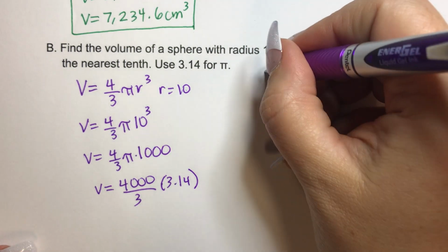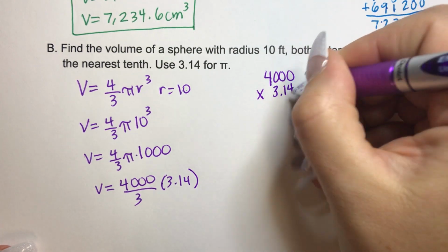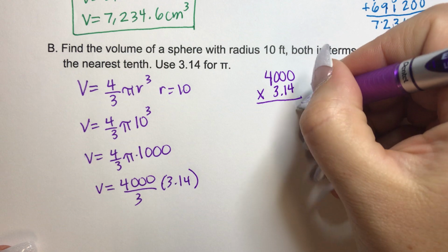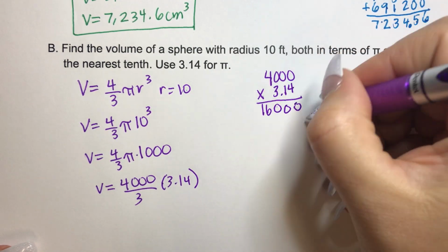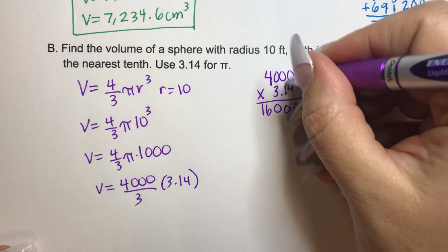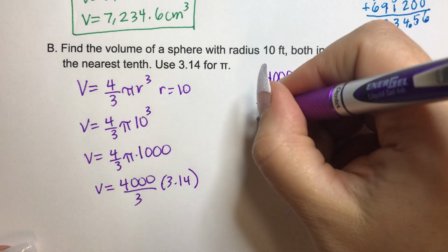So I'll do that right here. 4,000 times 3.14. That would be 0, 0, 0, 16, and then 0, and then we got 3 more zeros, 0, 0, 0. 1 times 4 is 4.